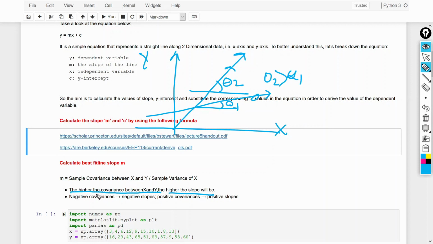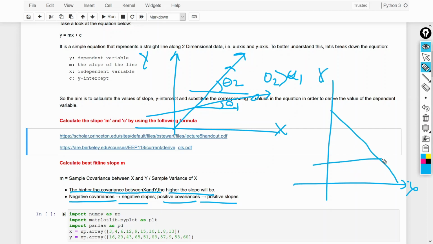So the higher the covariance between x and y, the higher the slope. Negative covariance means negative slope, and positive covariance means positive slope. Here, this will be your negative slope, which means negative covariance.